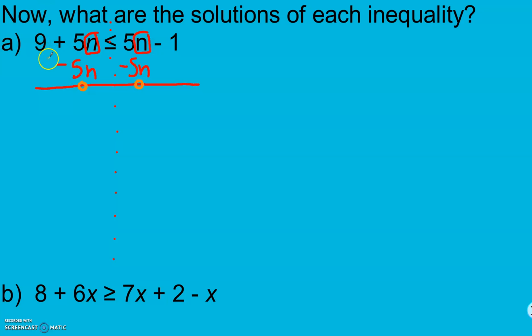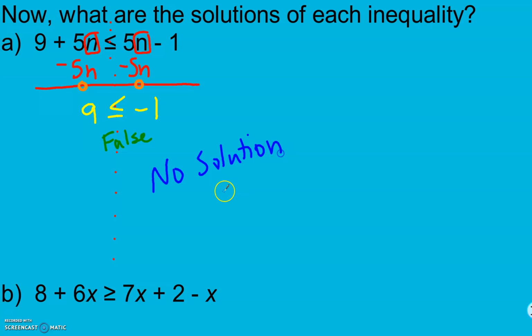What I do have left is 9 less than or equal to negative 1. 9 is not less than or equal to negative 1, so this is false, which means we have no solution. You can also use our symbol. No number that we could find to plug in there is going to make that a true statement.